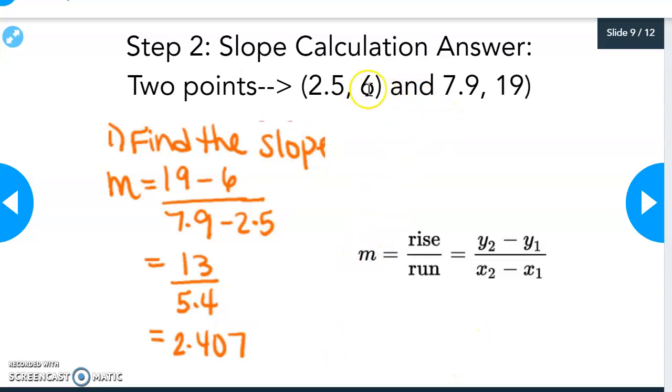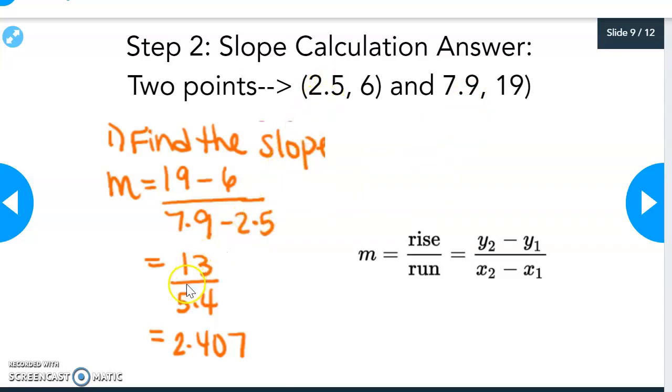So we take these two sets of data points and plug into the calculation for slope, or m, rise over run. We have 19, which is y2, minus 6, which is y1, divided by x2, 7.9, minus 2.5, which is x1.